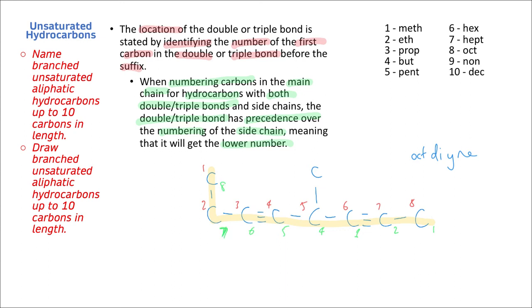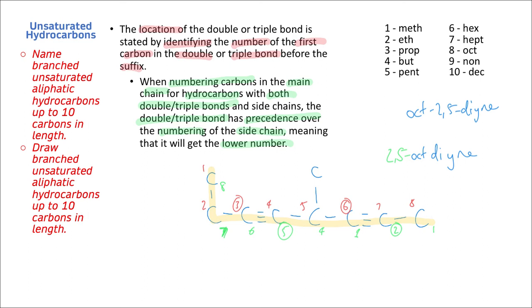Either we go with 3 and 6, or we go with 2 and 5. We're going to go with 2,5. So therefore this is a 2,5-octadiene, or alternatively you can write this as octa-2,5-diene.